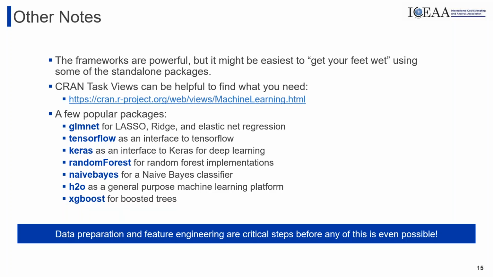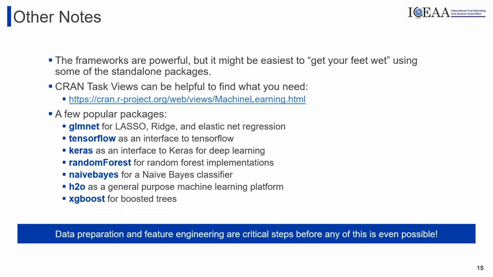So if you go to the CRAN task view in machine learning, it gives you a lot of information there. Some things I've used, which are pretty simple: glmnet for some standard regressions, Lasso, Ridge, and stuff. TensorFlow is an interface to Google's TensorFlow library. Keras is an interface to a few deep learning libraries. There's an R API around that.